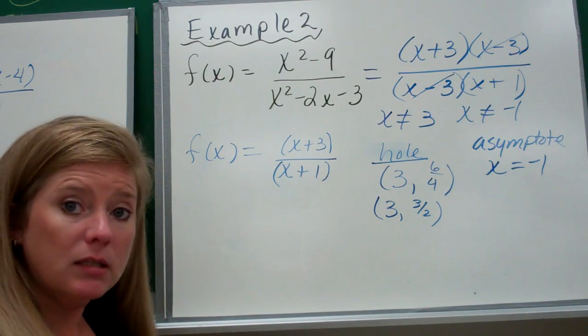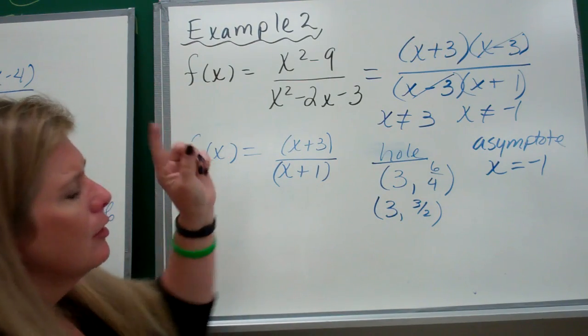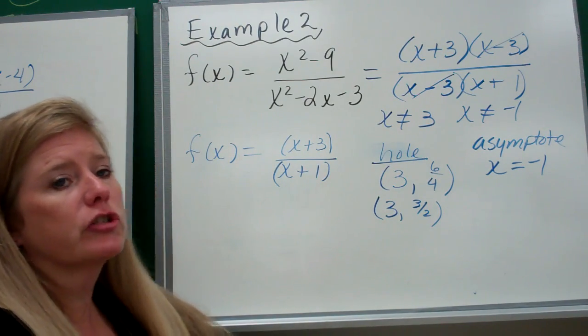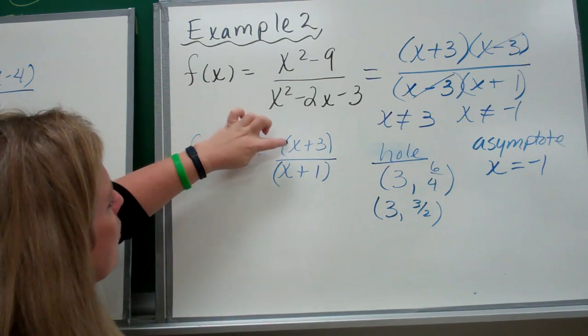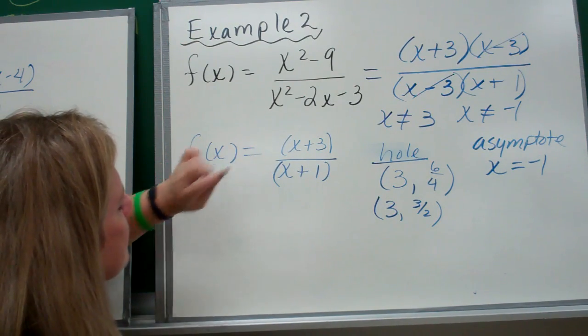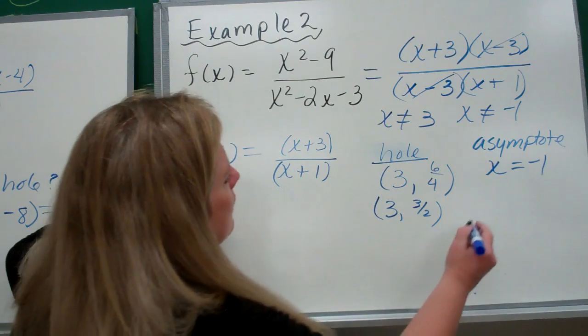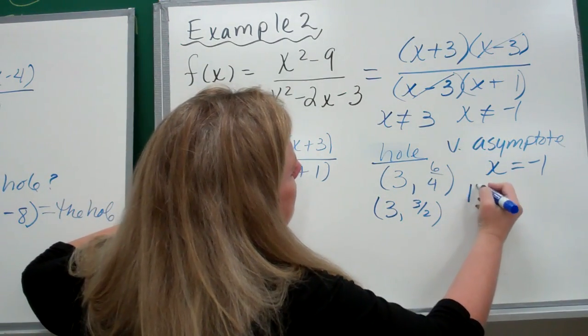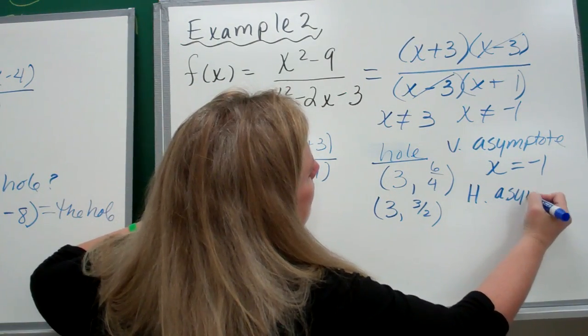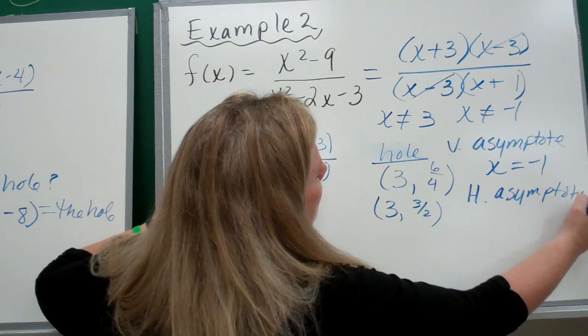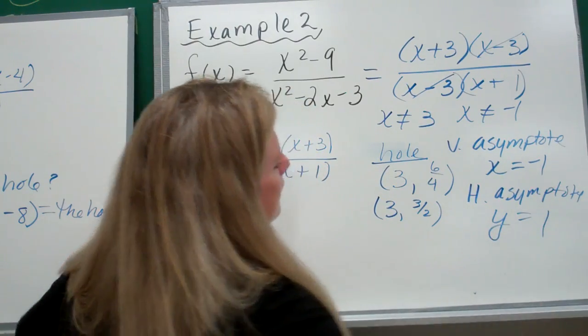How about a horizontal asymptote? Looking at the simplified version, the degrees are the same, so the leading coefficients are 1 and 1. The horizontal asymptote is y equals 1.